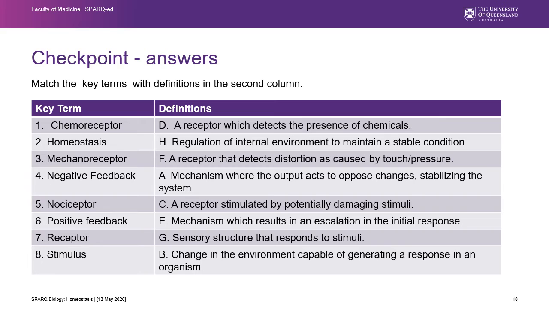So definition A was the most appropriate. A nociceptor is a special type of receptor stimulated by potentially damaging stimuli. So C was the best definition. Give yourself a mark out of 8 for how well you did on that quiz.